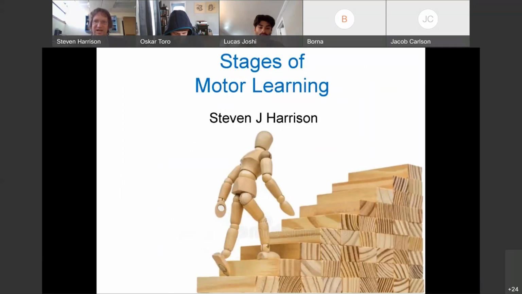Okay, so the next topic is trying to get our head wrapped around the concept of there being stages of motor learning. We're going to look at three different theories, and I'd like you to get away from the idea that there's such a thing as the right theory.